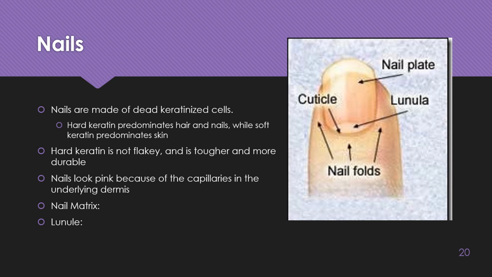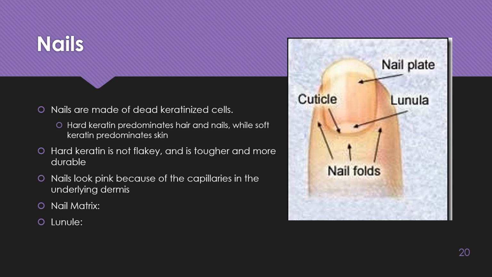Within the hair and nails, we've got a harder keratin, and that's going to help to give our nails that hard texture. Hard keratin is not flaky, and it's tougher and more durable, which makes sense if you think about what your nails are like. Your nails look pink because of the capillaries that are underlying within the dermis.